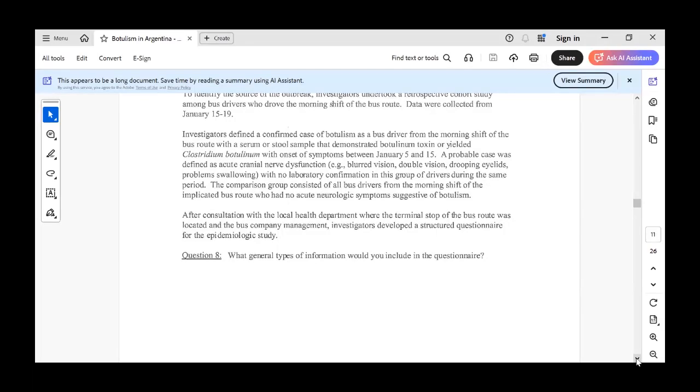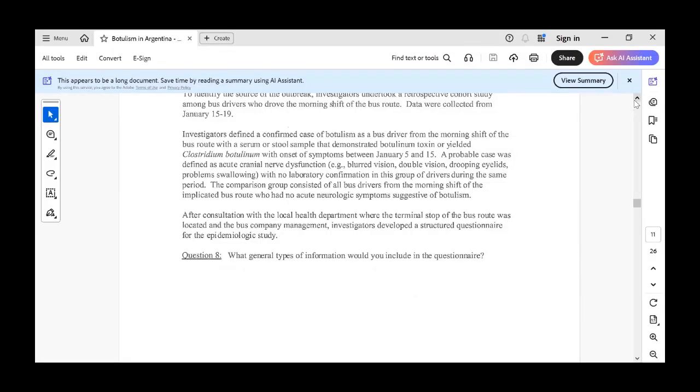Just a quick thing, Doc. I'm not sure if I missed it, but did we ever say they were female bus drivers, or was it never said? They were all males, I believe. Remember, in the table of the initial investigation of the 9 cases, those were all male.